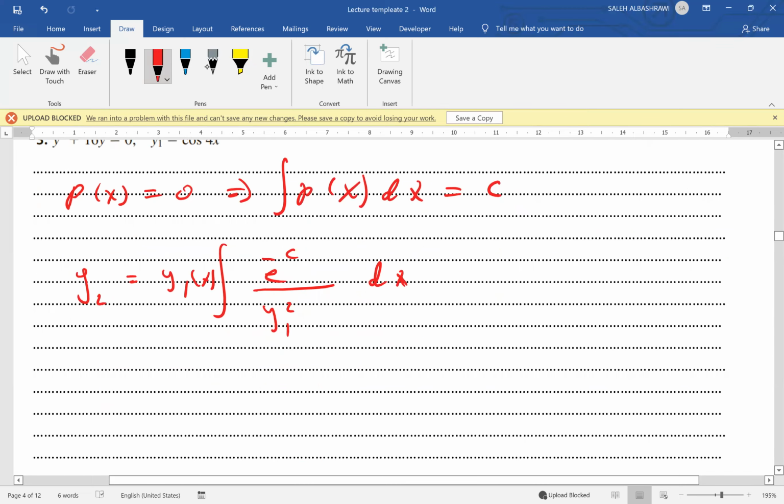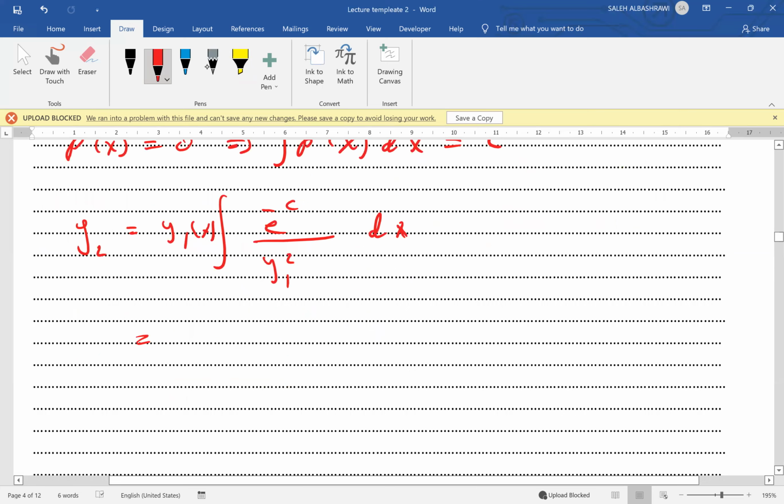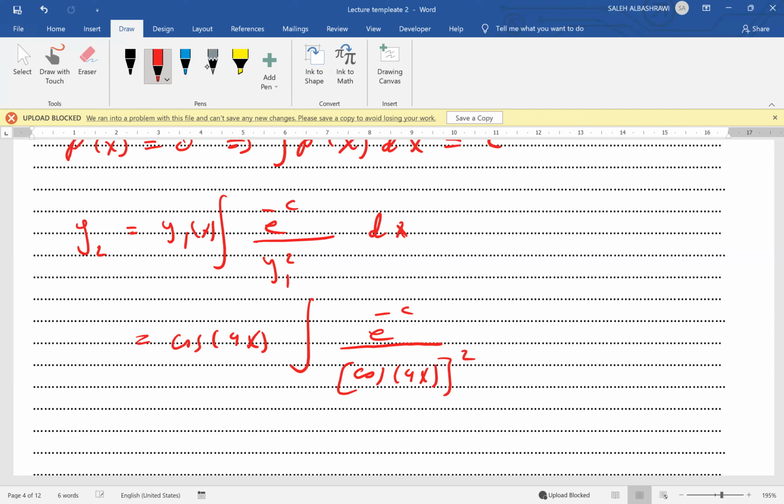This is equal to y1 equal to cosine 4x multiplied by the integration of e to power minus c divided by cosine 4x all to power 2 dx.